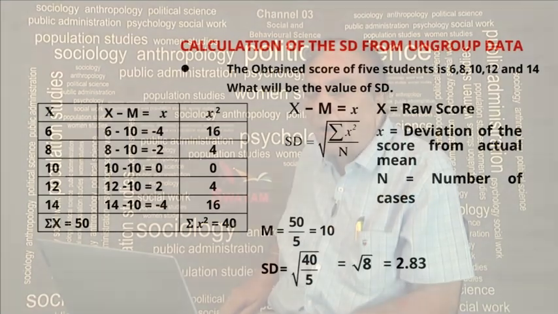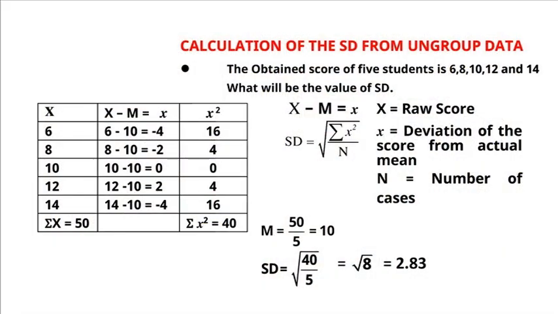This is ungrouped data. Now, we have given a test to 5 students, so n is 5. The scores x, where x means the scores obtained by the person, are 6, 8, 10, 12 and 14. These are the raw scores. This is ungrouped, no grouping.